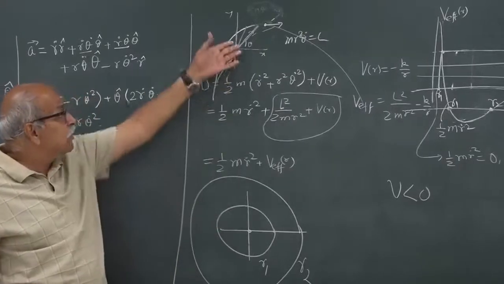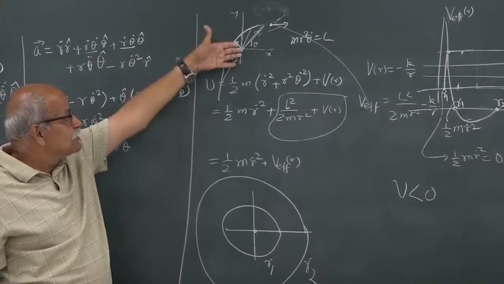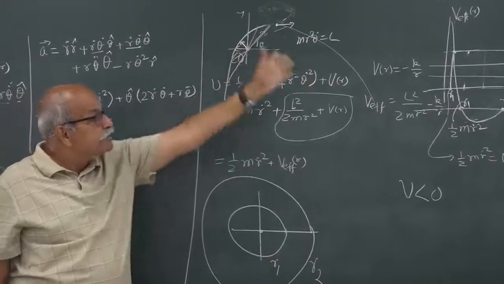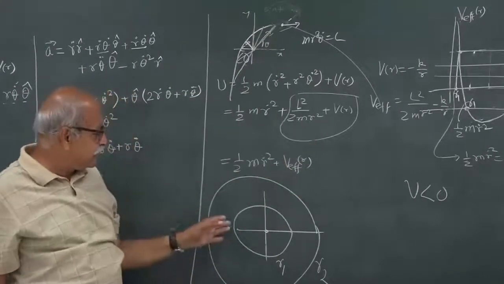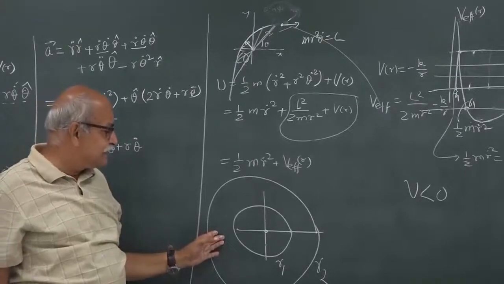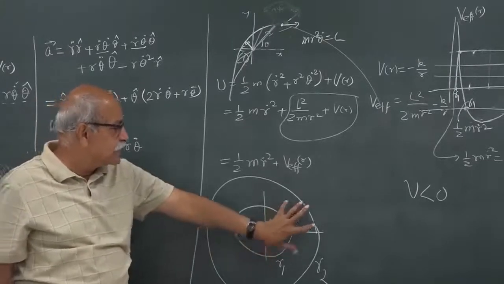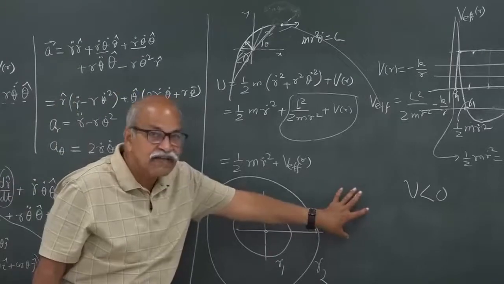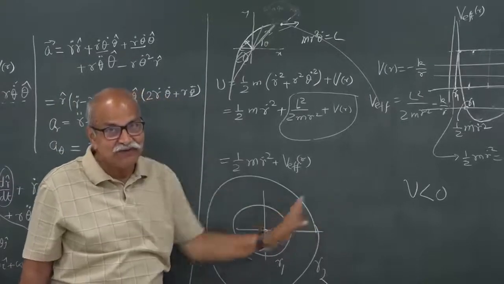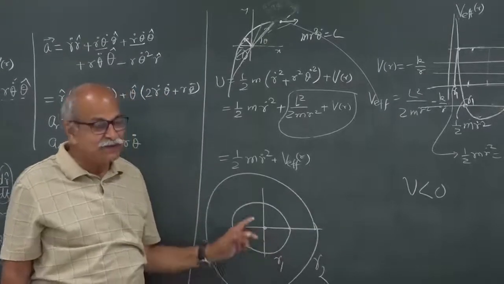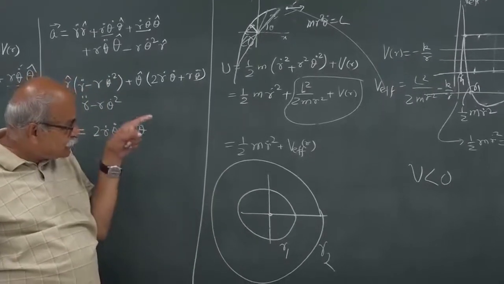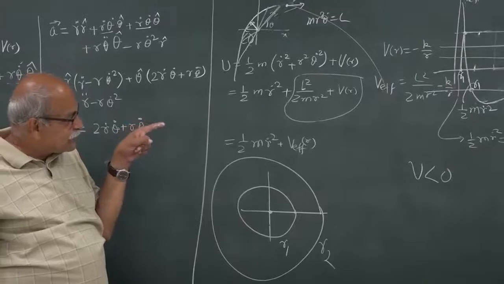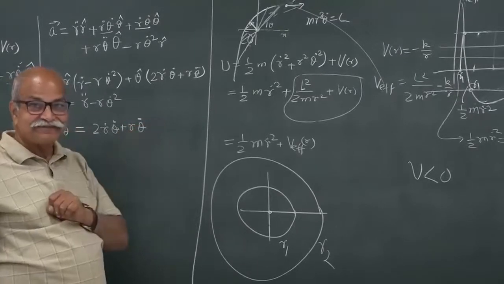If u is positive or if u is 0, the path is unbound, it goes to infinity. And in this case where u is less than 0, the particle is bound, it cannot go much away from the center of force. So, for bound paths, the total energy should be negative.